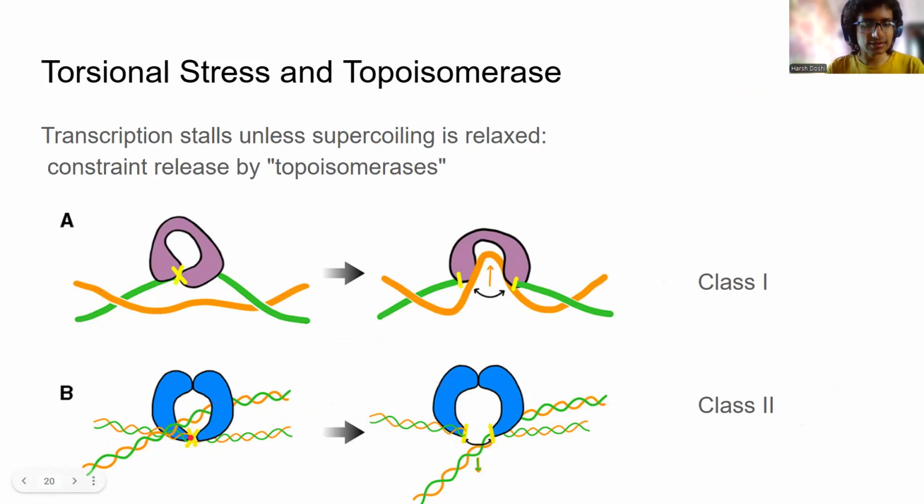This protein first splits one of the helices of the DNA, and then makes the other go through it and rejoins it back, such that now the two double helices have entirely crossed. What this does is that it can change the linking number of the entire chromosome by +2 or -2. And again, this can help relieve the positive supercoiling that builds up in the downstream region of the DNA.